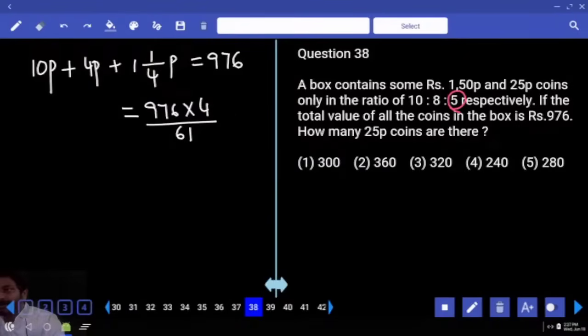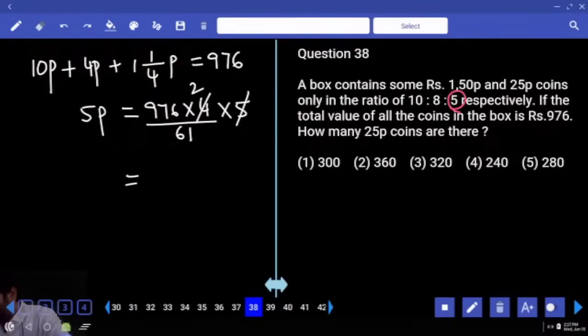What is our question about? Number of 25 paisa coins. How many are there? Then 5 parts, so into 5 only. Yes? Okay. Numerator. How many 5s are there? 1. Do you have 5 squared? No. I'll take this 5 and 2 from here. 1 more 2 is there.